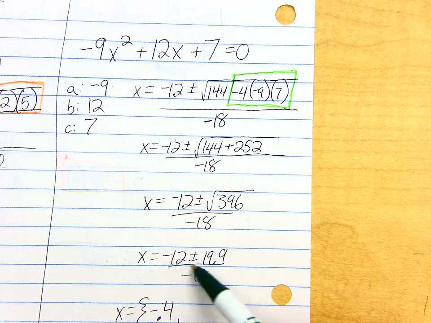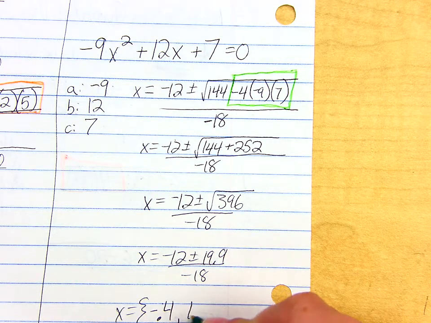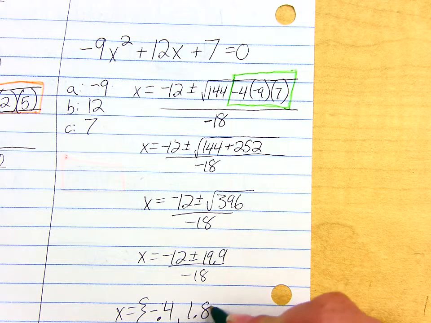All right, now we'll do negative 12 minus 19.9. What would be a big negative? So that gets me negative 31.9, and we divide it by a negative 18. If I have negative 31.9 divided by negative 18, I get positive or negative? Positive 1.8 if I'm rounding to the nearest tenths.